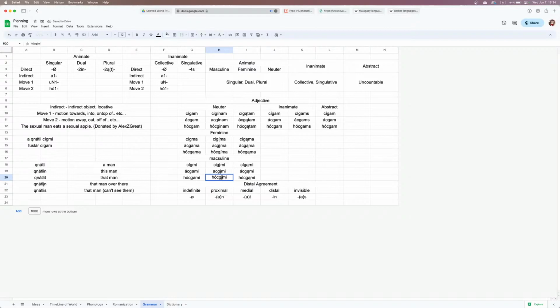Okay, there we go. Inanimate... I think, oh, that's going to be a problem. Inanimate has the same ending as the invisible suffix.